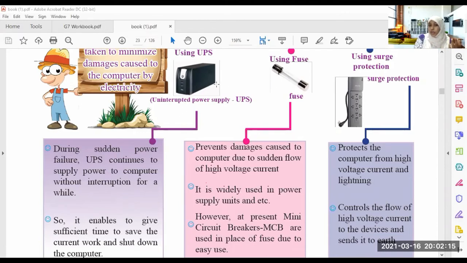In the power supply unit they use the fuse because when a high voltage current is supplied to the computer, first it goes to the power supply, then it has a fuse, and the fuse will get damaged, not your computer. So you can protect your computer using these fuses.